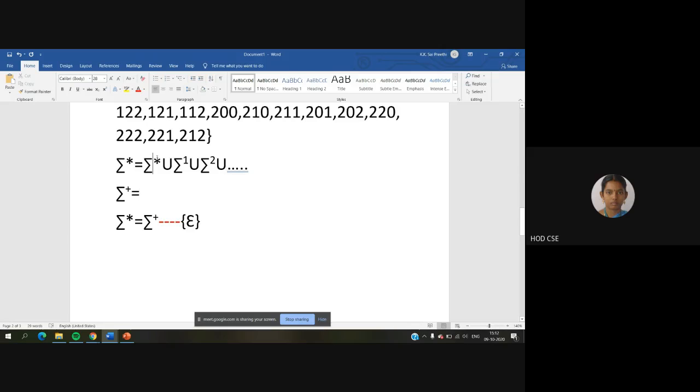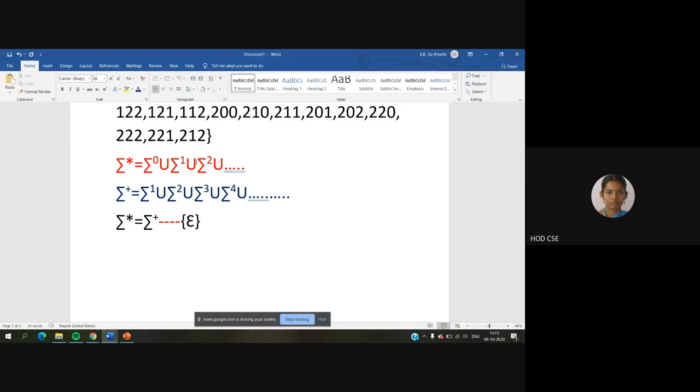Sigma plus is equal to, see the difference? This is sigma star. This is sigma plus. Sigma star is also a set. Sigma plus is also a set. Sigma star has all the combinations of strings: sigma power 0, sigma power 1, sigma power 2. And sigma plus is equal to sigma power 1 union sigma power 2 union sigma power 3.